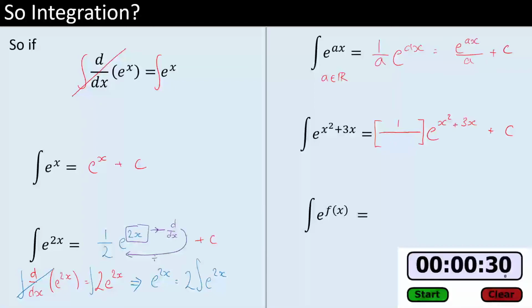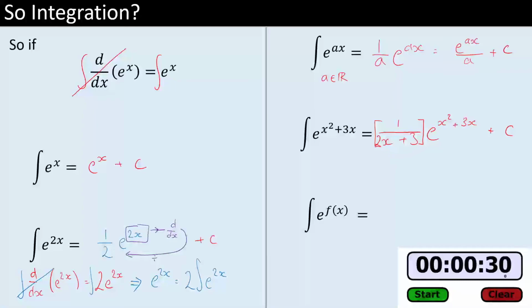All right, so what we're actually going to get is the derivative of the power, okay? Now, the derivative of this power is going to be 2x plus 3, okay? Now, if we were to differentiate this thing, what we should get is what we originally started with inside that integral, okay?